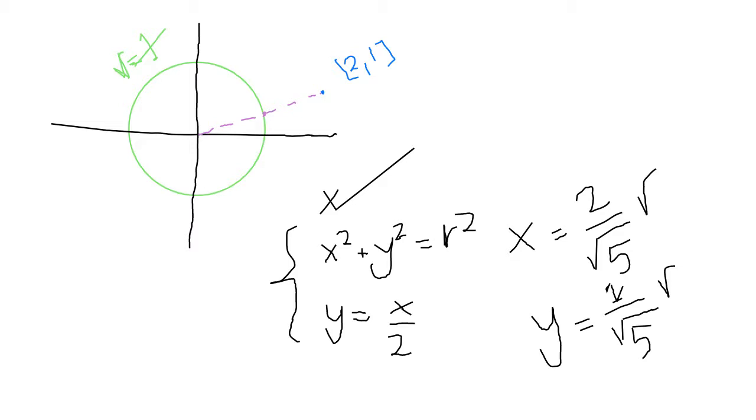It is the point, this is the coordination of the point, 2 1 over square root of 5, which is the length of this purple line. So 2 over the length of that line, 1 over that line, times R. I know that I did a horrible job explaining that, but did you understand? Yeah, I was able to follow that.